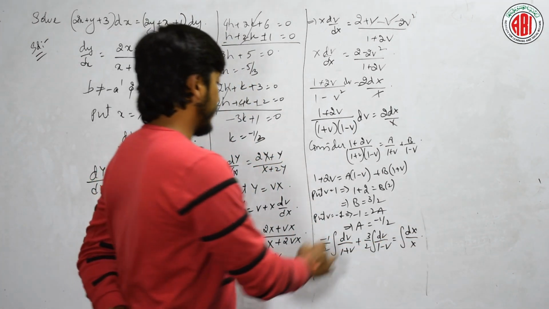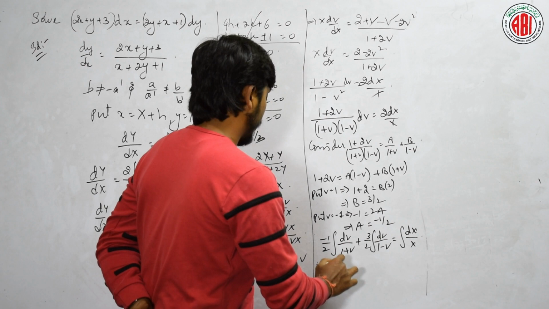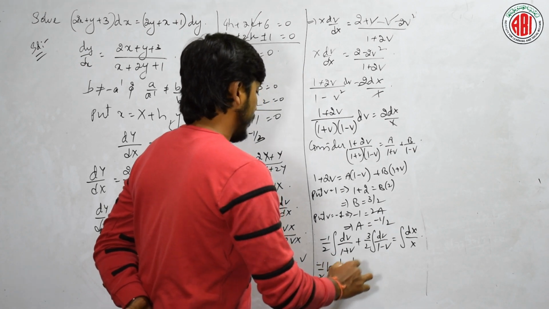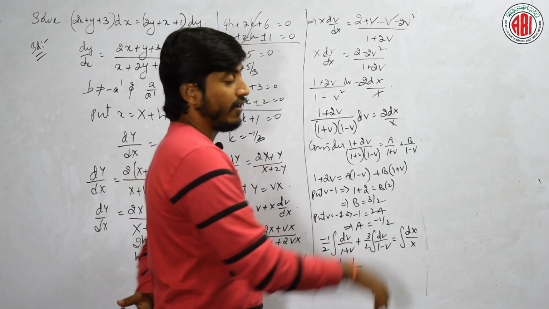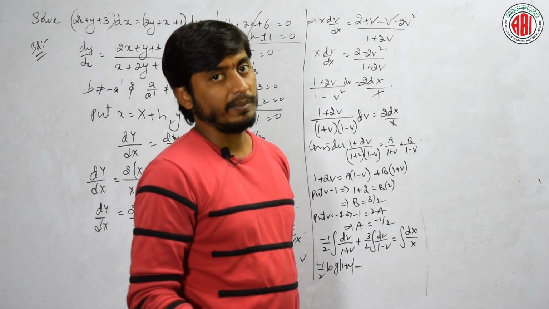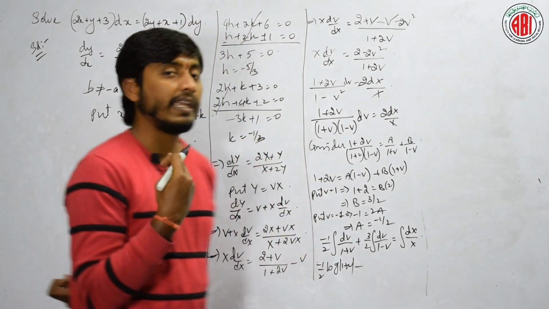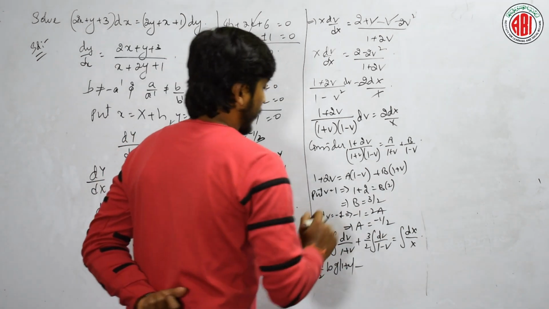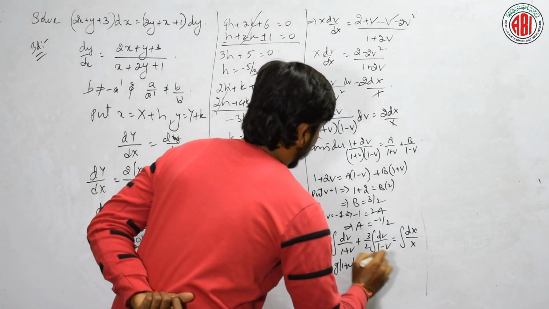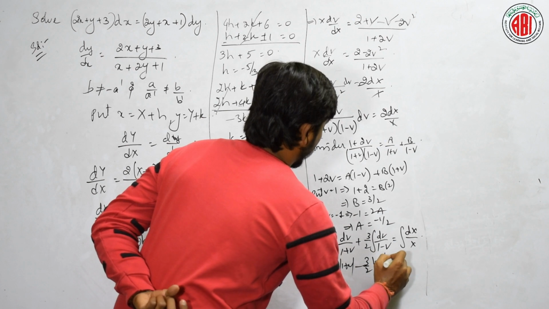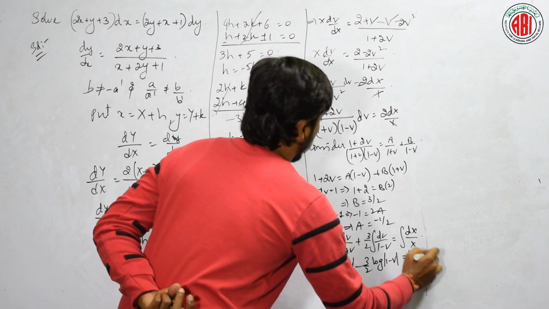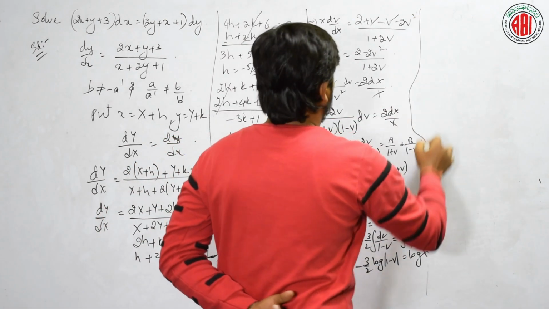So just see here: minus 1 by 2 log (1 plus v); the integration of 1 by (1 minus v) is log (1 minus v), but instead of x we have 1 minus v, so if we differentiate it, we will get minus 1, that is why I have put minus 1 here, log (1 minus v), that is equal to log x.